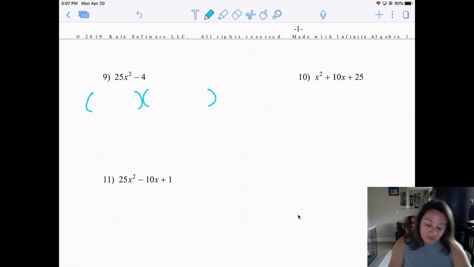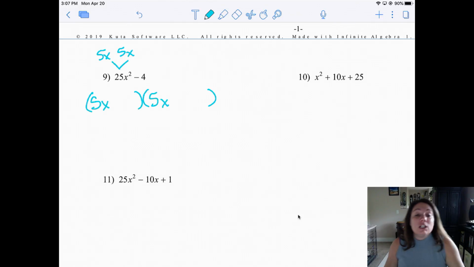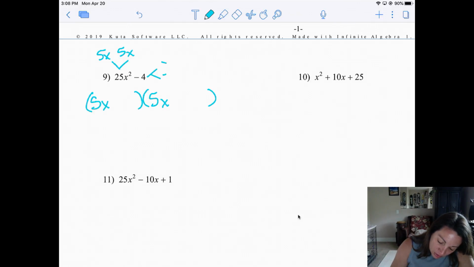So 25x squared is really 5x times 5x. And so that means I would take a 5x and put it at the front of each binomial. 4 is 2 times 2, right? So that means I take a 2 and I put it at the back of each binomial.